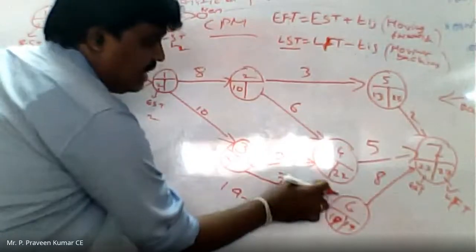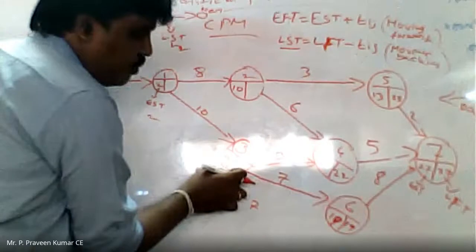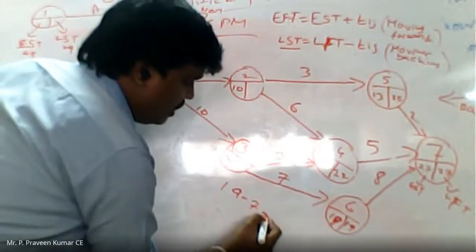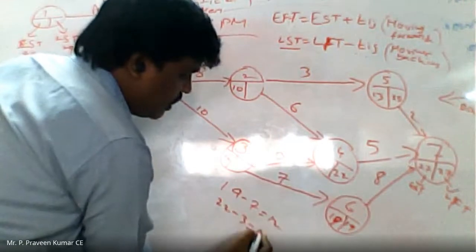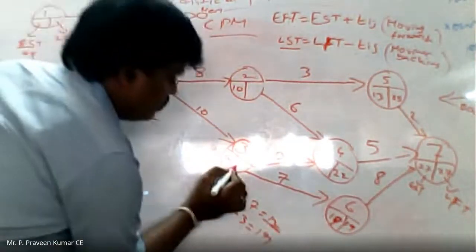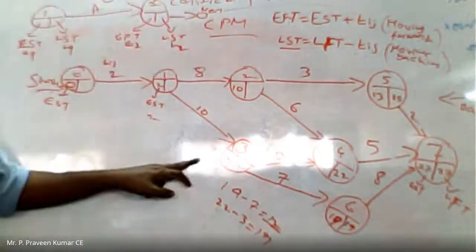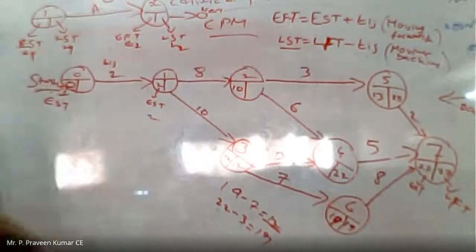Here, moving backward, we take the minimum value when activities merge on the same node. So 19 minus 7 is 12, and again 22 minus 3 is 19. Here we need to take the minimum value, that is 12, so I have taken 12. Is it okay? Okay, sir. Correct. Now this part is over.